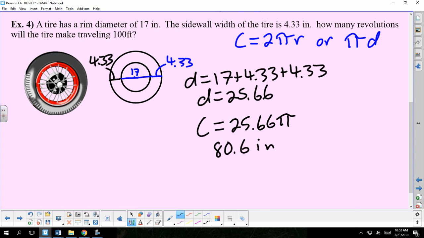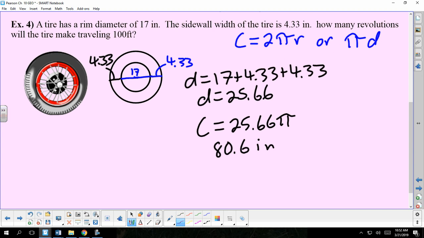So that's all the way around the edge. I want to see how many revolutions the tire will take traveling 100 feet. But I'm in inches. Can I turn inches into feet? What do I have to do? Divide by 12.